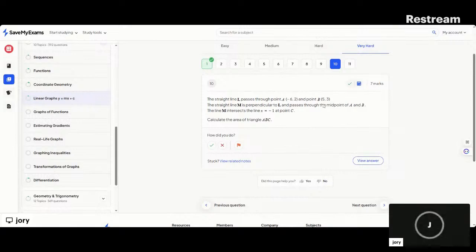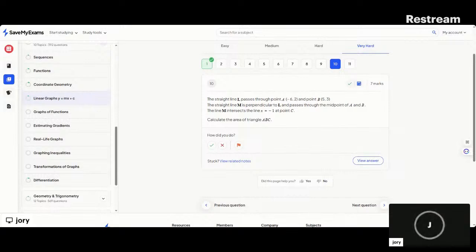So I want to find C. First, I'll find the slope of AB, which I already did. I'm going to do it again. M equals x1 plus x2 over 2, comma, y1 plus y2 over 2. That's the first formula.